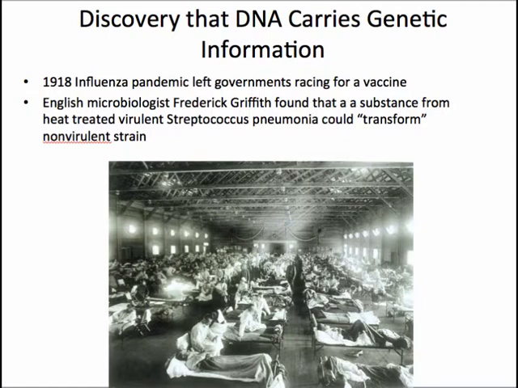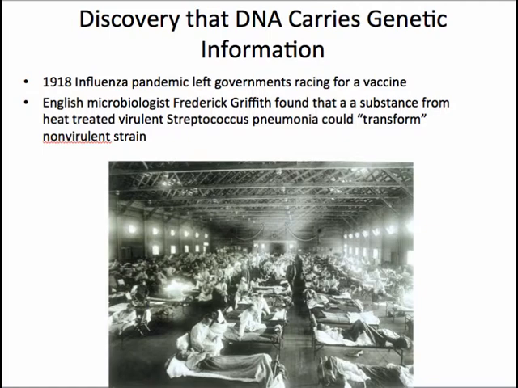And there was a microbiologist named Frederick Griffith in England, and he found that a substance in a heat-treated virulent strain of Streptococcus pneumonia, which was causing the flu, could transform a non-virulent strain.